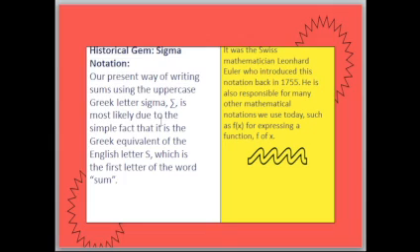It was the Swiss mathematician Leonhard Euler who introduced this notation back in 1755. He is also responsible for many other mathematical notations we use today, such as f of x for expressing a function.